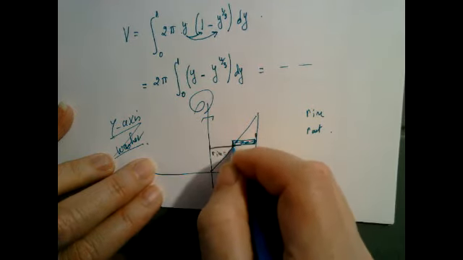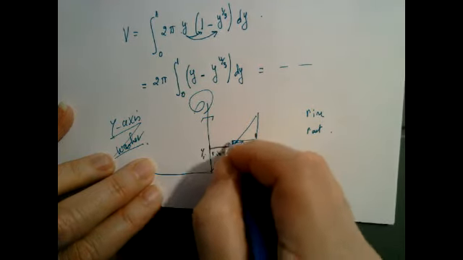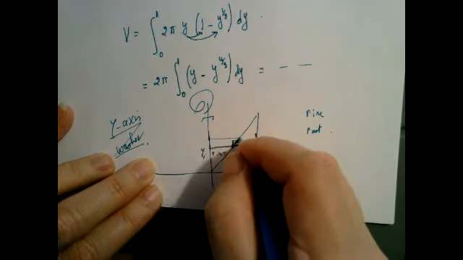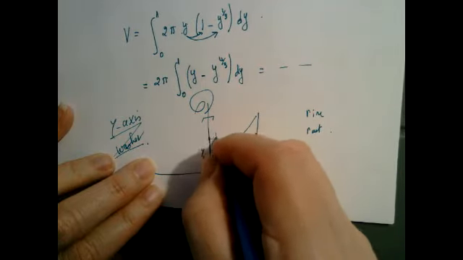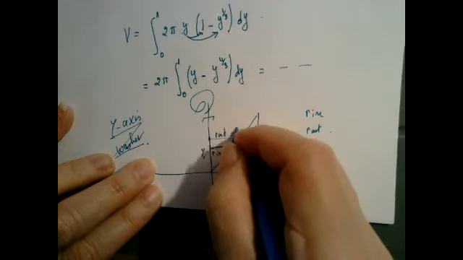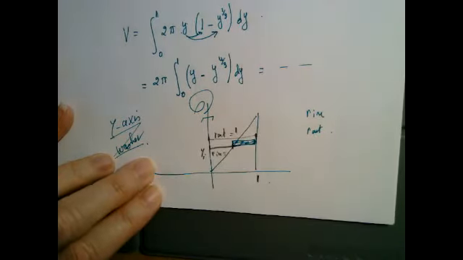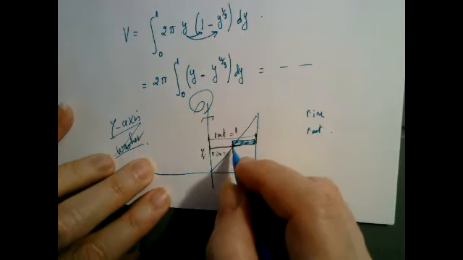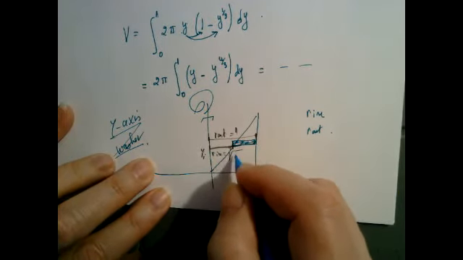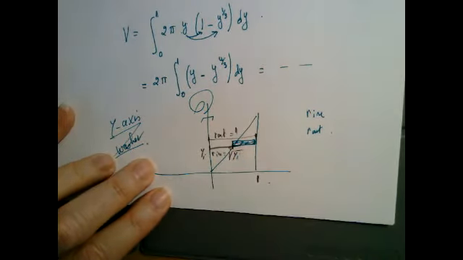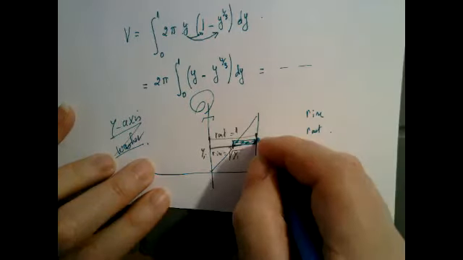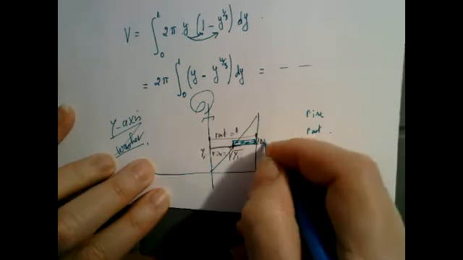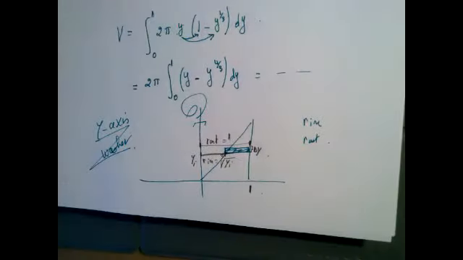The outer is from here all the way to here. That's my outer radius, which is in this case, for example, 1. The inner in this case is going to be the cubic root of y. And delta y is the height of the washer. That's the labeling I am expecting.